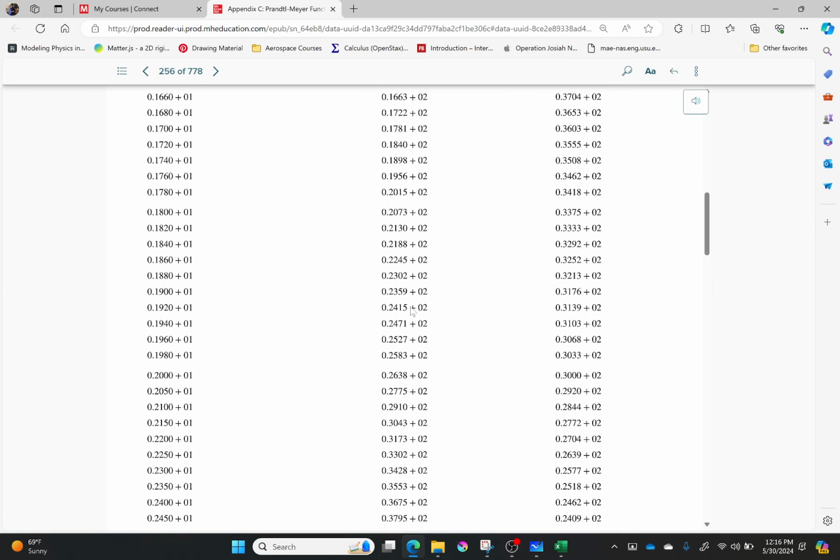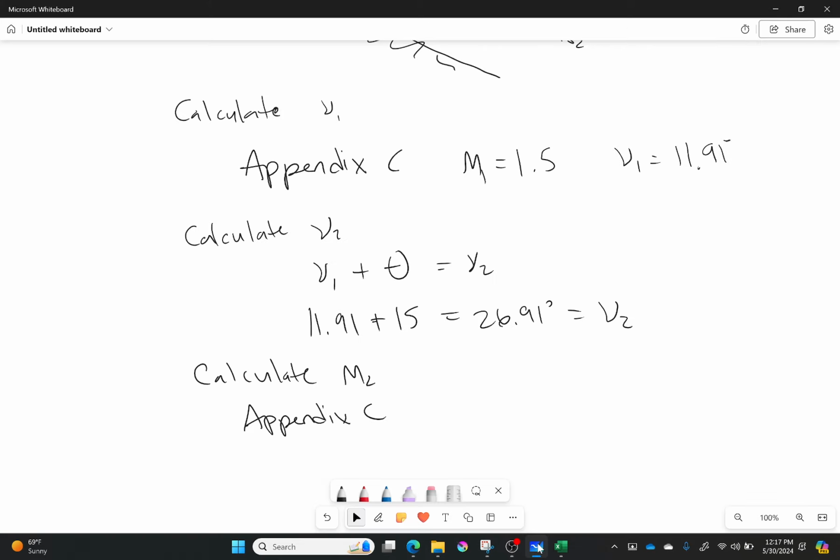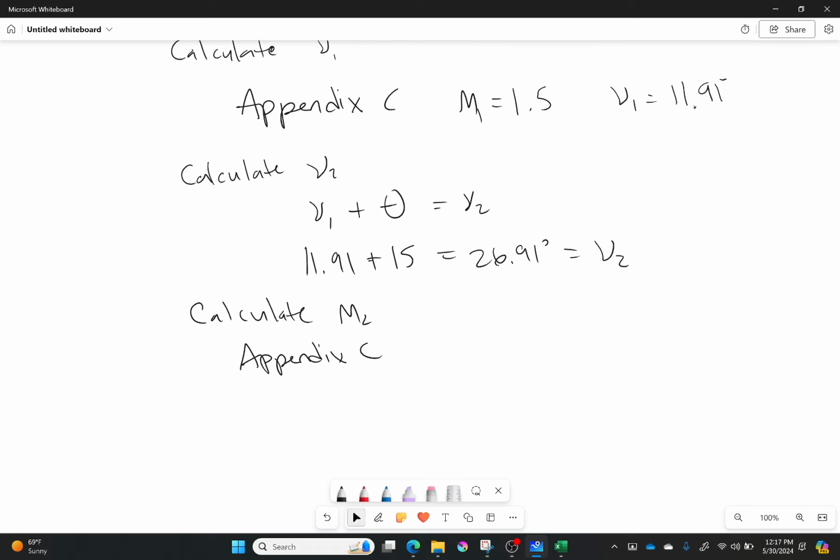So I'm looking and I see, it's about Mach 2 right here. Mach 2, 26.38, that's pretty close. It's a little bit above it, it's probably like Mach 2.01, but we're going to call it good. So my Mach number after the expansion fan is 2. So from Appendix C, using that nu2 is equal to 26.91, I find that my Mach 2 is going to be equal to 2.0.